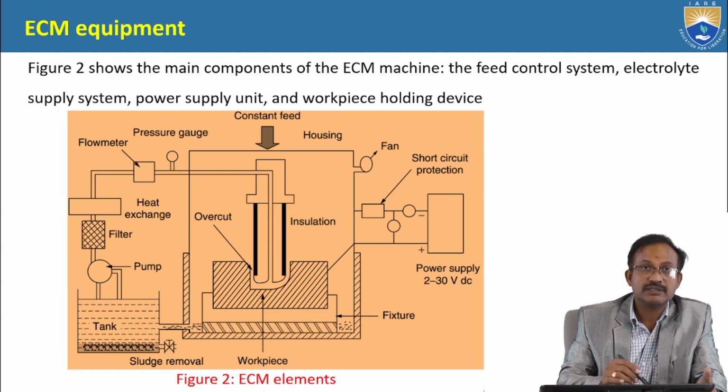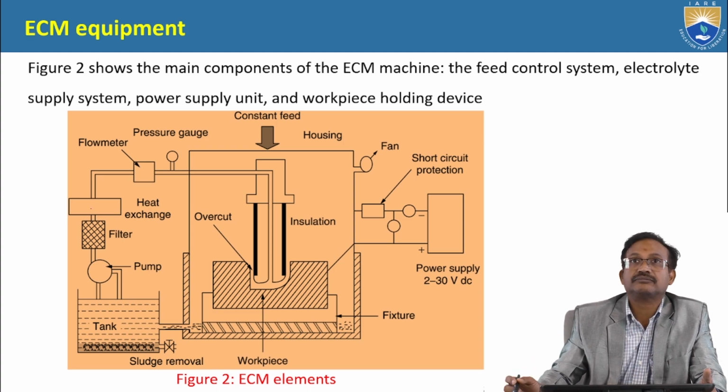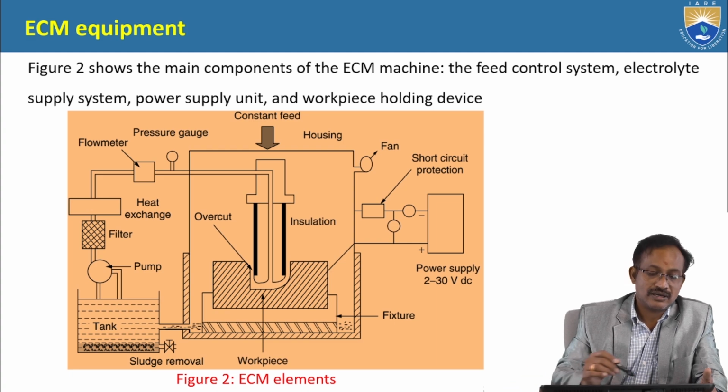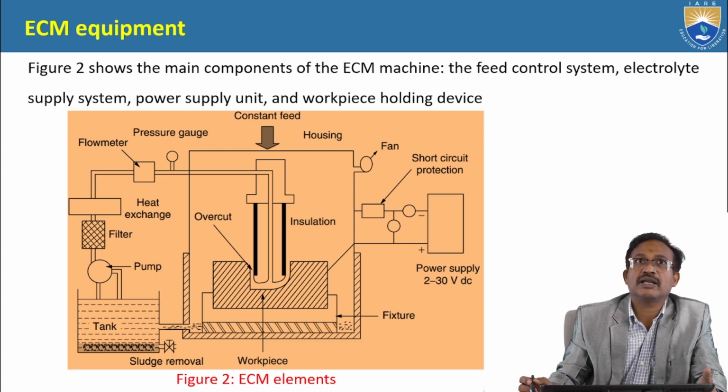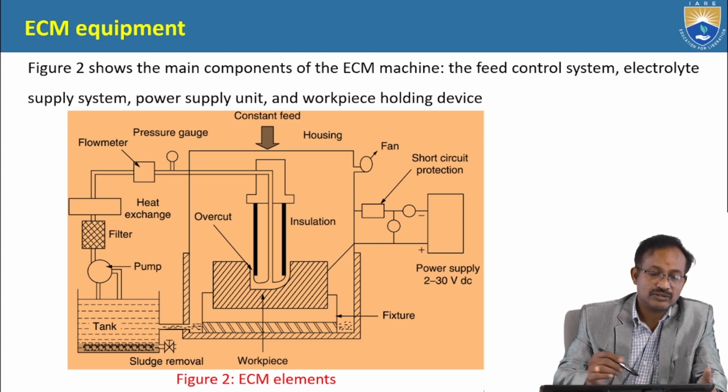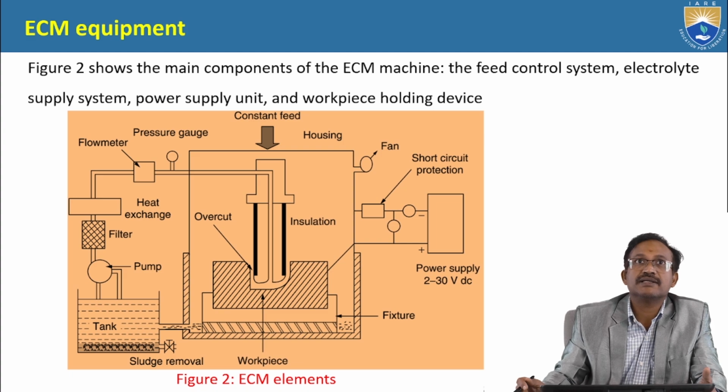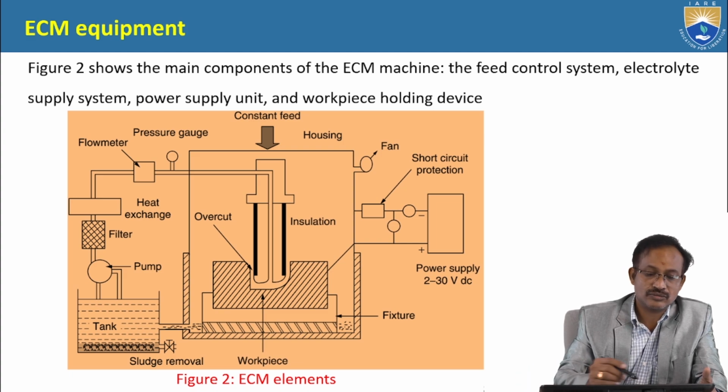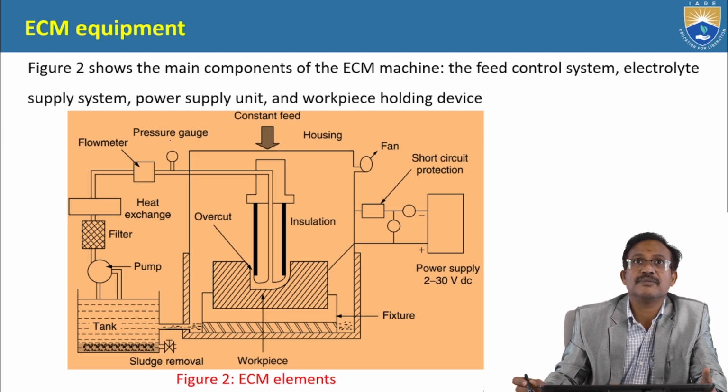This is sludge removal. Why? Because this is a completely cyclic process. From this tank, this medium, which is nothing but the electrolyte, makes up the complete electrolyte supply system.